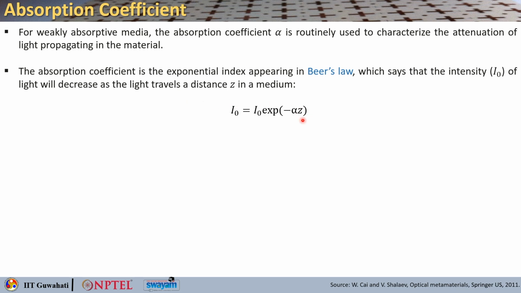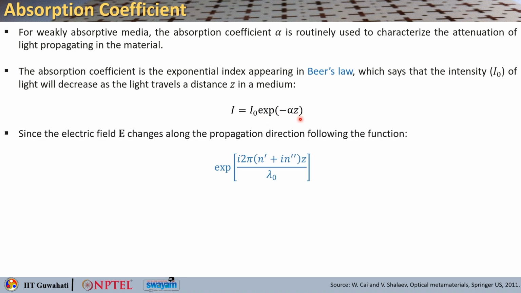At a distance z, it can be written as I equals I naught, the initial intensity when z equals 0, times exponential of minus alpha z, right.